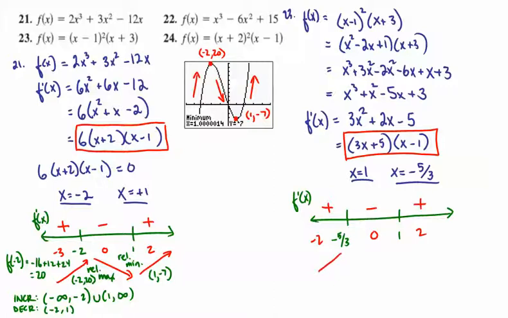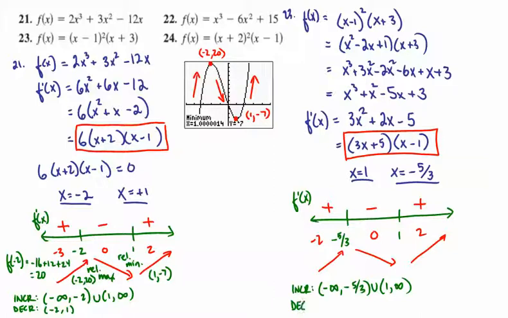So increasing, decreasing, increasing. That tells me that the function is increasing on negative infinity to negative 5/3 and from 1 to infinity.